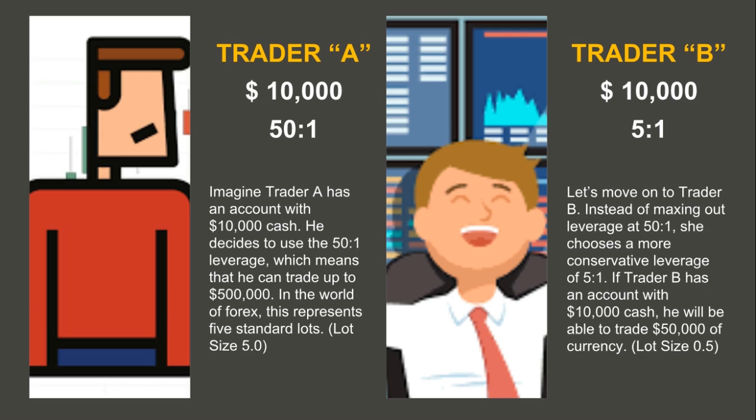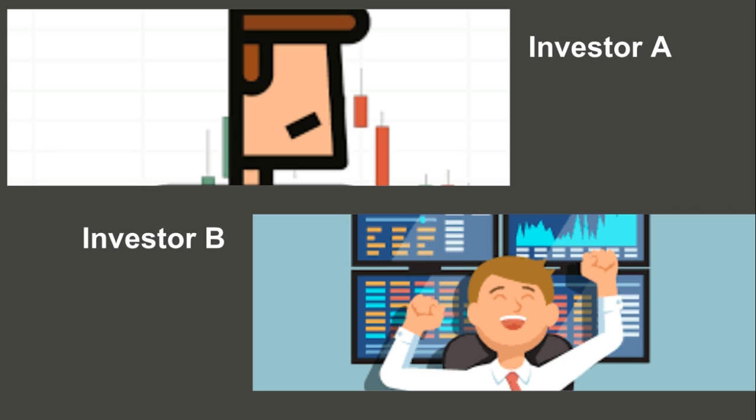He also has the same account size as trader A, but he is using only leverage of 5, so he is using lot size 0.5, while trader A is using 5.0, 5 standard lots, and trader B is using 5 mini lots.